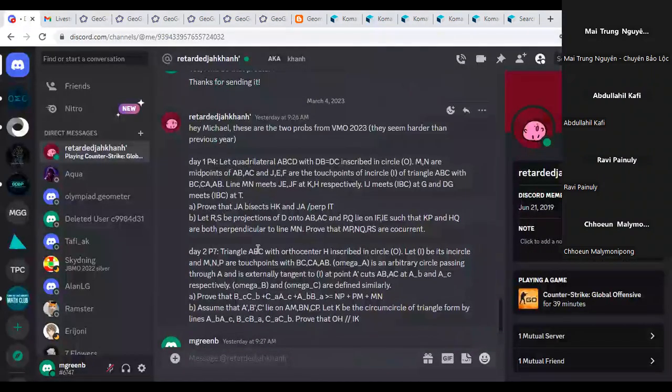So, okay. Oh, okay. 7B is not an inequality. It's a synthetic problem. Was P4 easier? Or do you want to try P4 or did you already solve it?